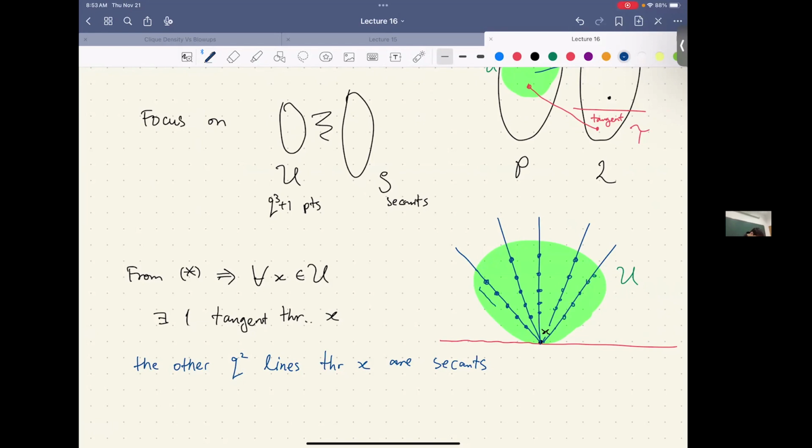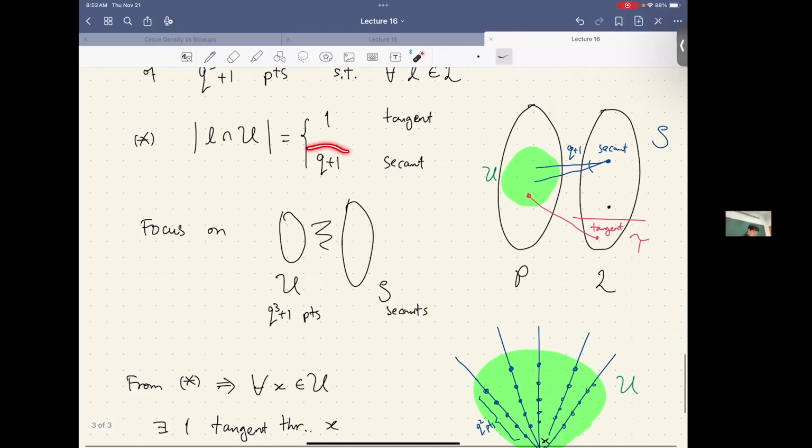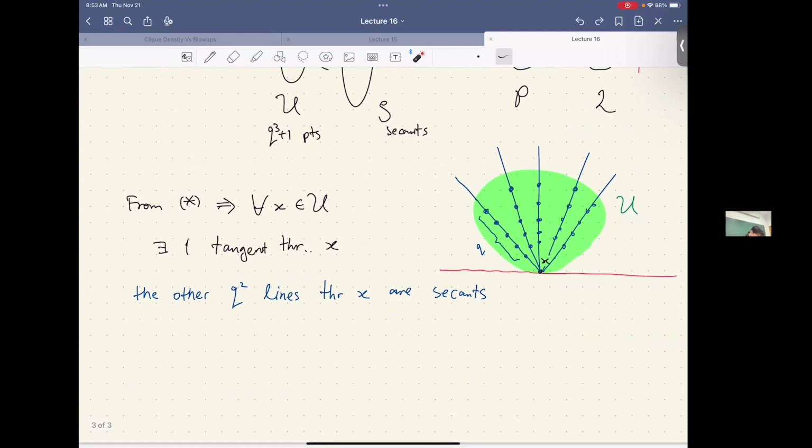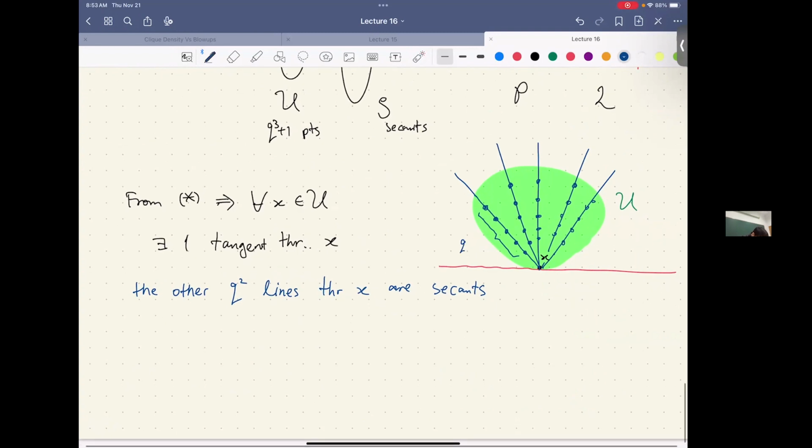How many points are there here? Each line has q squared plus 1 points, so apart from X, there are q squared points on this line. But remember, for secant lines, the intersection with U has size q plus 1. So apart from X there are q points of U here. And how many lines in total?